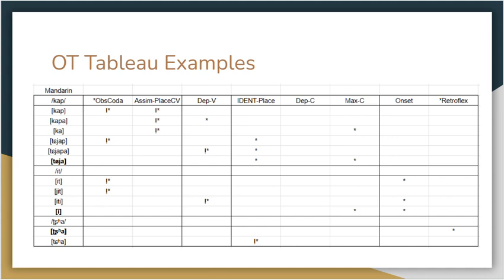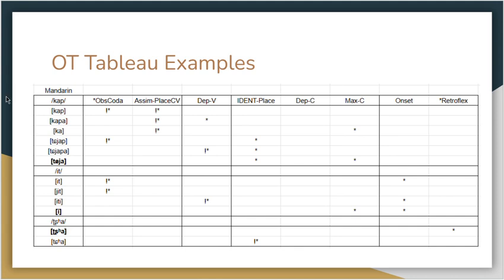Following are the examples for Mandarin and Cantonese using the OT tableau to find the optimal candidate. Here the constraints are shown below. Mandarin ranks NO STOP CODA and place assimilation of consonant and vowel high, and ONSET and NO RETROFLEX low.